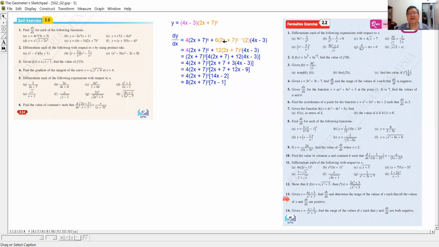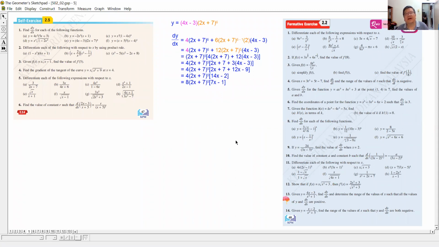Now the second term, I need to gather the numbers together. When you gather the numbers, 6 times 2 becomes 12, and this term becomes power of 5, and this one I copy down. So far I have only differentiated the function. I have not done the factorization.